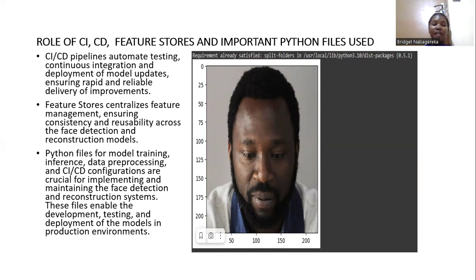And then feature stores centralize feature management, ensuring consistency and reusability across face detection and reconstruction. Several people can access it; someone can use it, another can also detect his or her face in a different way. It's not that once it's used, that is it, to only be detecting one person's face. No, several people can use it for future face detections.